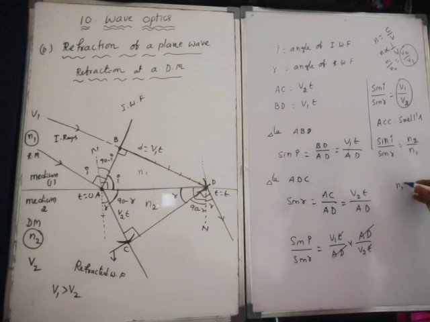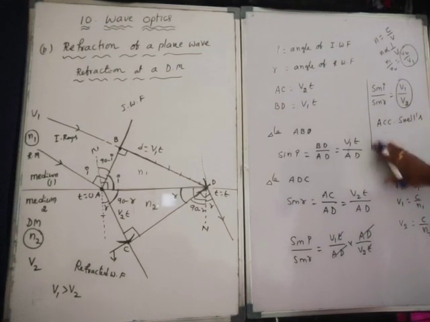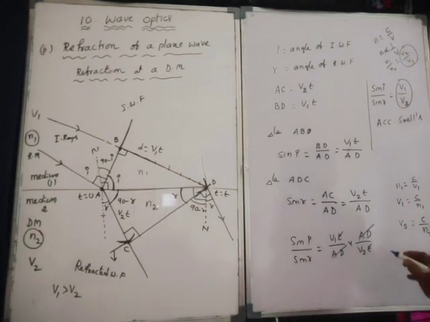N1 is equal to C by V1, and N2 is equal to C by V2. So V1 is equal to C by N1. Similarly, V2 is equal to C by N2.